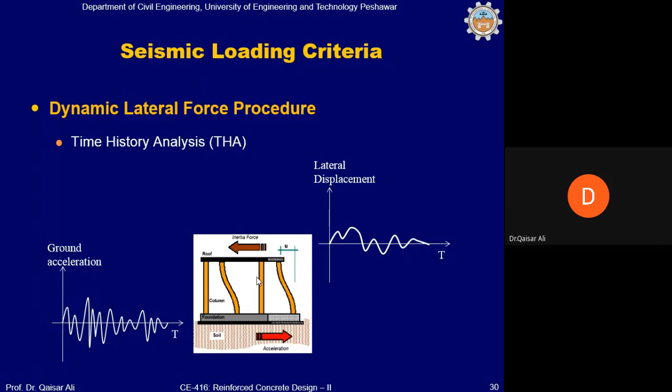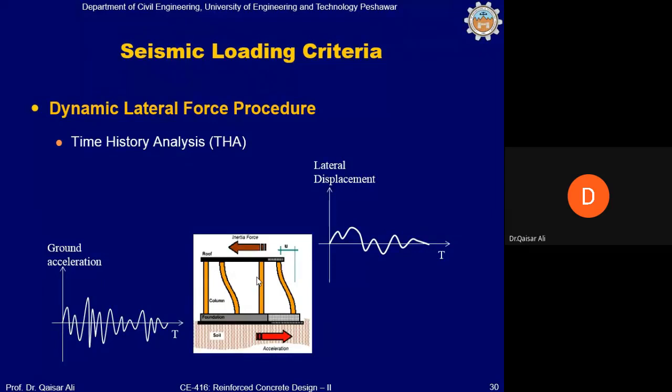And obviously, this is an earthquake which is going to happen in future, and the records of the earthquakes that we will be using for this analysis are obtained from previous earthquakes. So we cannot predict 100% accurately the response of the structure for future earthquakes.